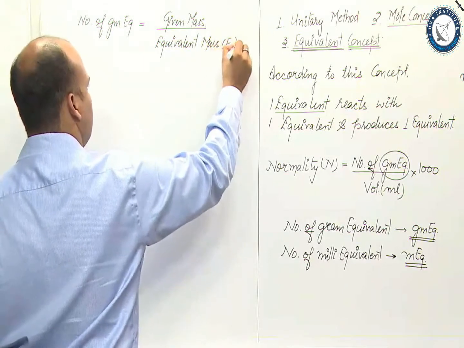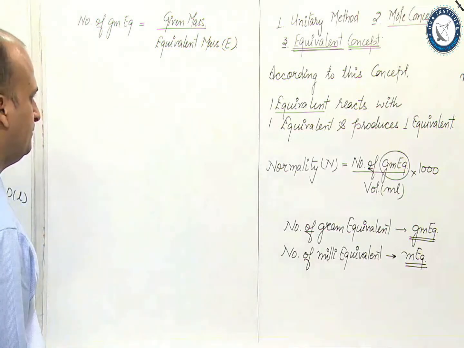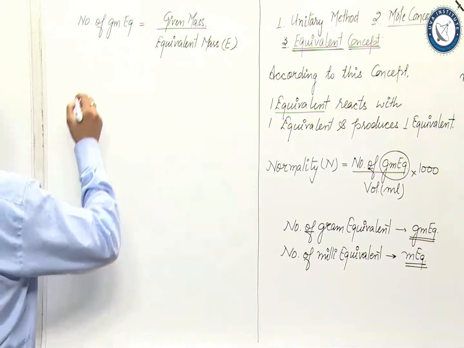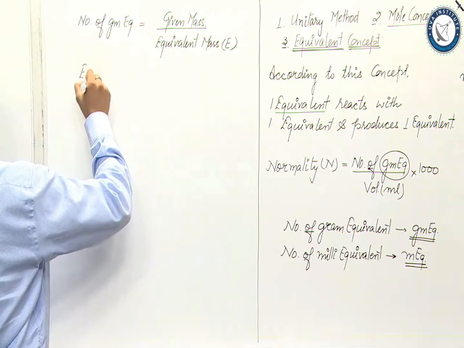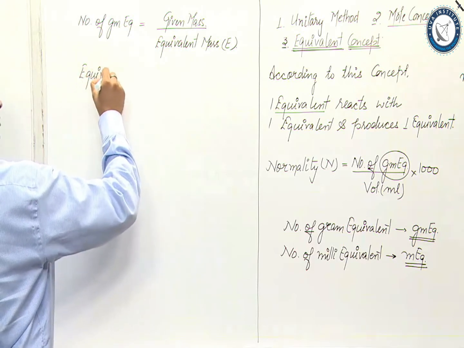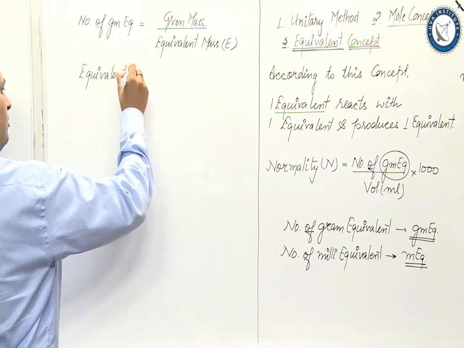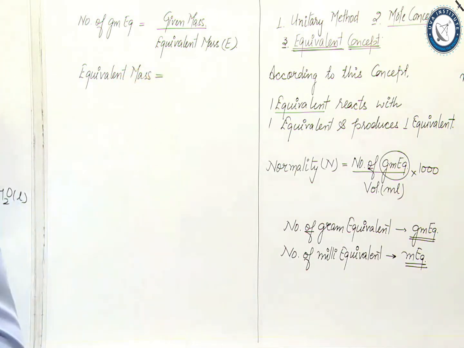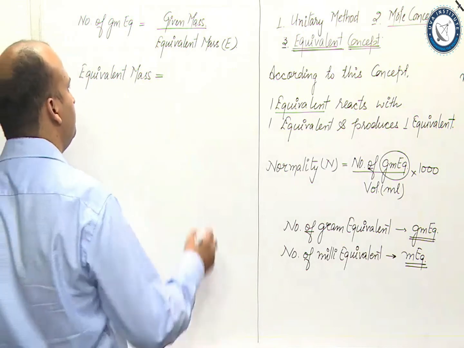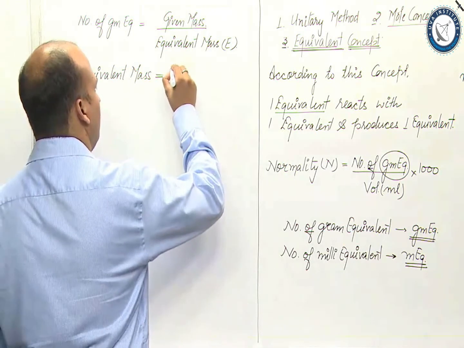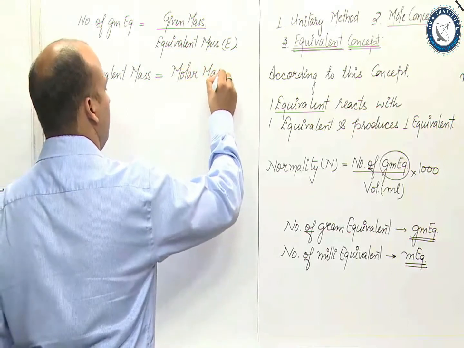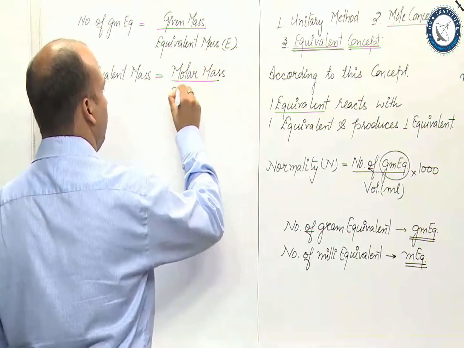Equivalent mass is E. Okay. Now, what is this equivalent mass? Equivalent mass is equal to molar mass upon n factor.